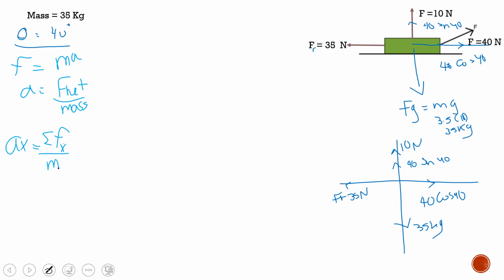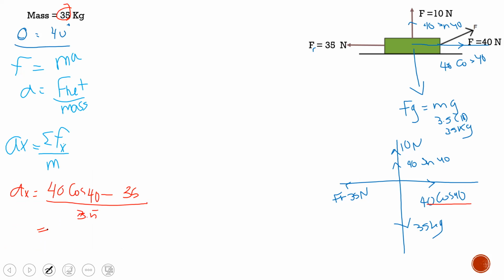The net force on the x-axis is 40 cosine 40 minus 35. This is F sub x, over the mass, which is 3.5. Don't forget, I changed it here to 3.5.